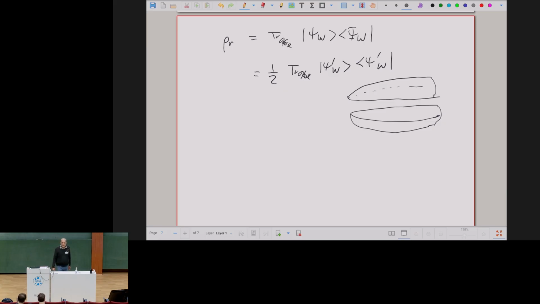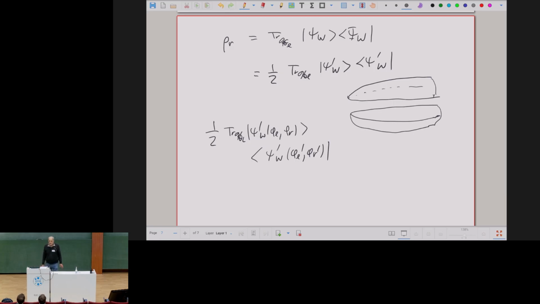Then how do we construct the density matrix? Well, we do what we always do. So we have 1 over Z times the trace over H left of psi prime W of phi left and phi right times the corresponding bra, I guess, phi left prime and phi right prime.